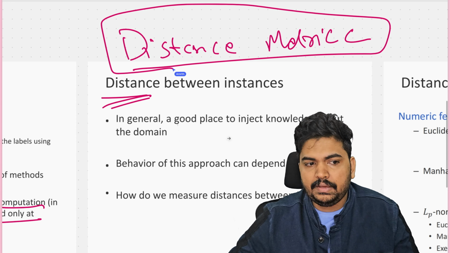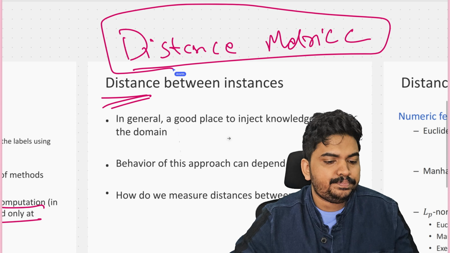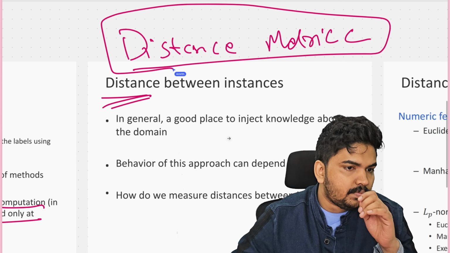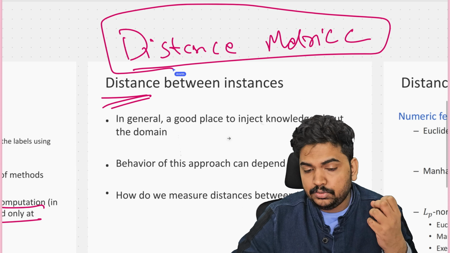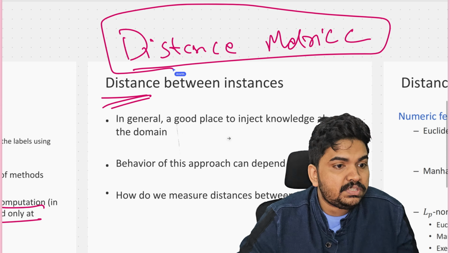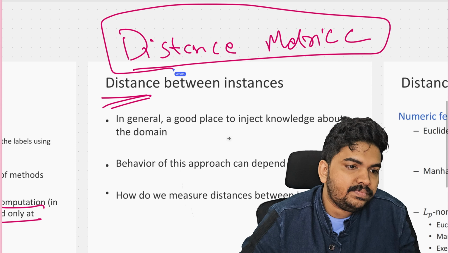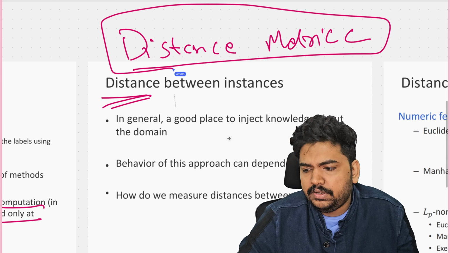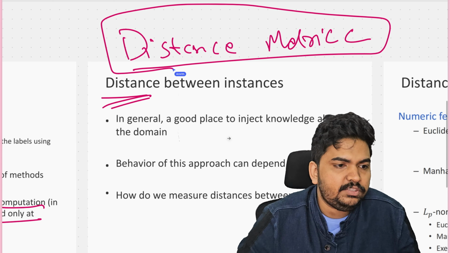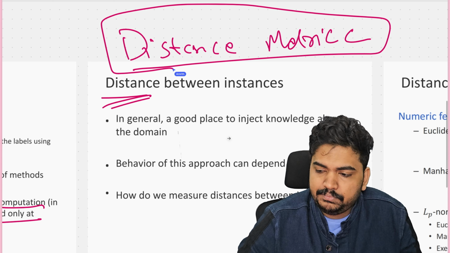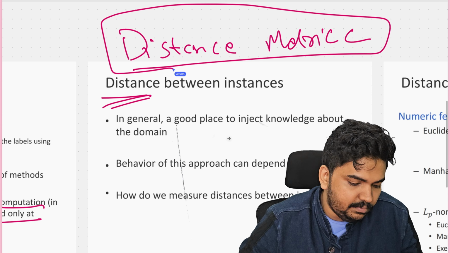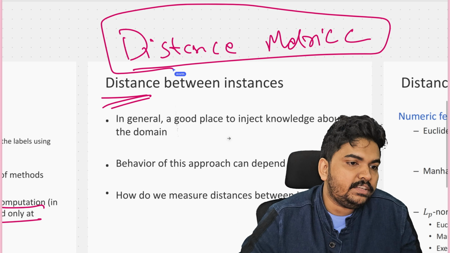Now the core, the backbone of such approaches, is the similarity measure or the distance metric, along with the definition of feature space, which is true for most of the other learning approaches as well. I'm excluding the feature space definition here because it's common to any classifier learning.